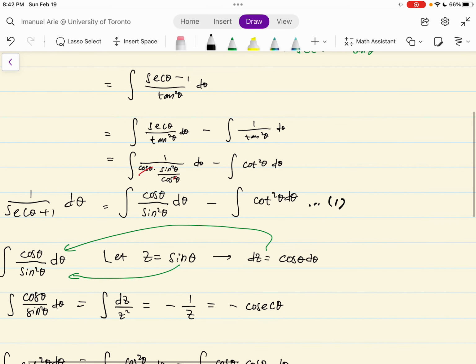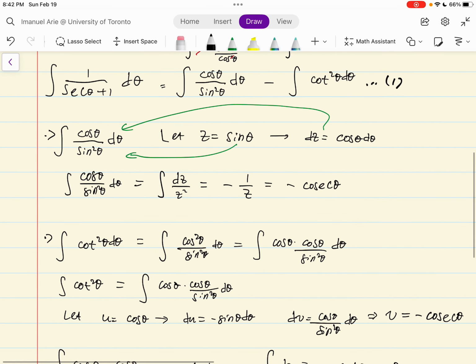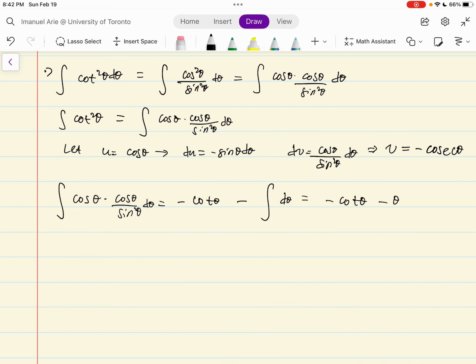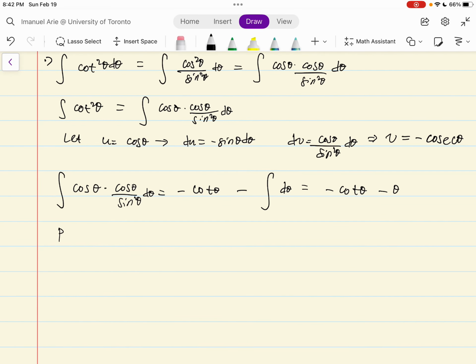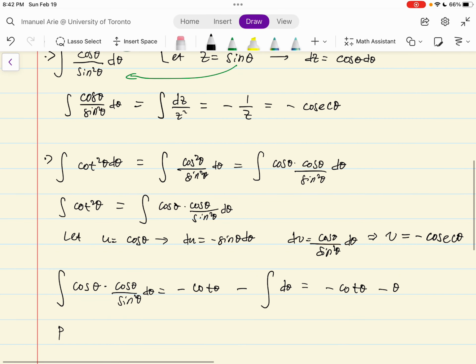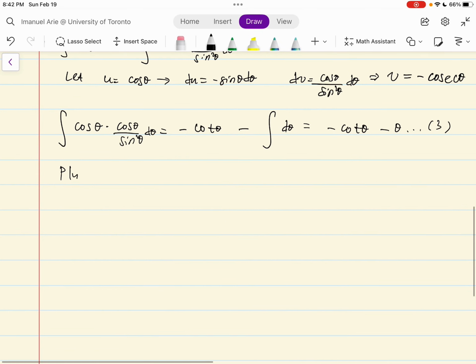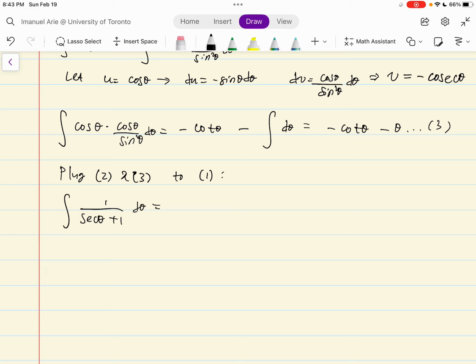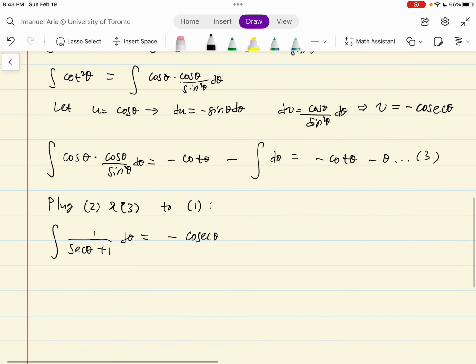So we can just directly plug all of these into equation 1. Just write it as 2, 3. We will get that the integral of secant theta minus 1 over tangent squared theta is equal to minus cosecant theta, is that correct?